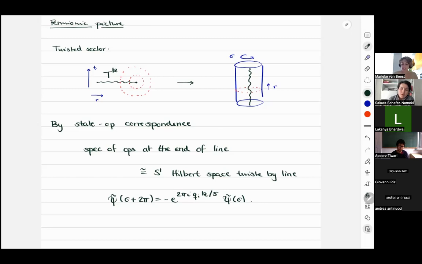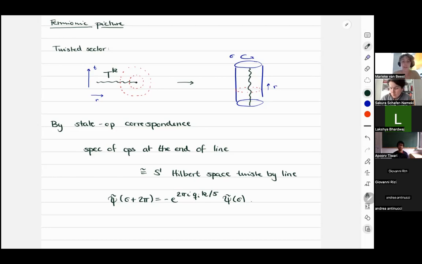So the states that live in this Hilbert space at the end of the line operator are going to obviously carry charge. And basically, each excited state is just going to carry the charge that's associated to whichever fermion operator I'm acting with. But the vacuum state itself is likewise going to carry charge. So that's the non-trivial computation that we need to do.